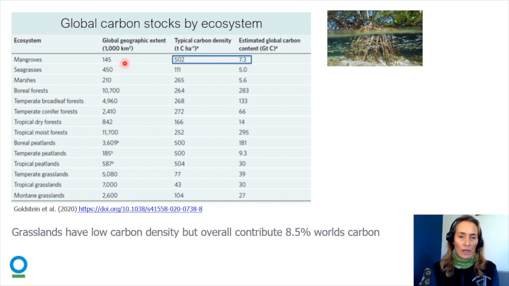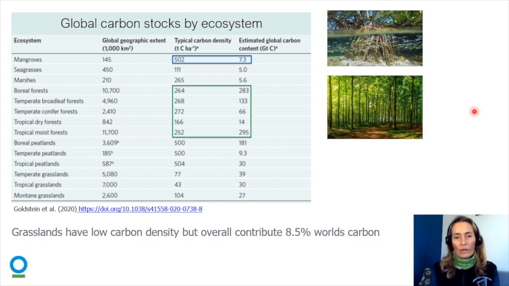But of course, their area is quite small, and so the estimated global carbon content from mangroves is significant but relatively low. On the other hand, forests have a high carbon density and a large extent and therefore contribute a lot towards global carbon, and that's why there's a lot of emphasis on tree planting, for example.